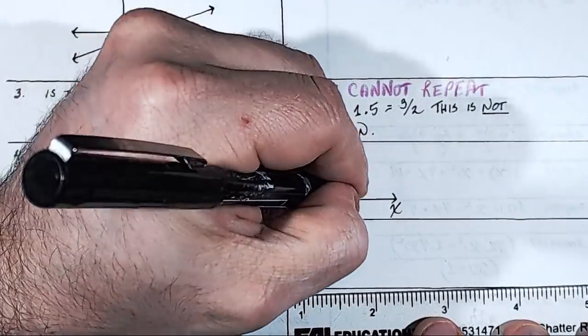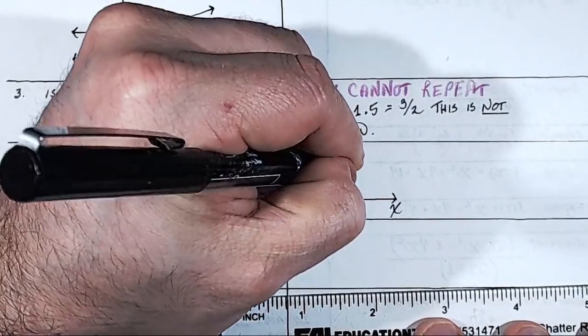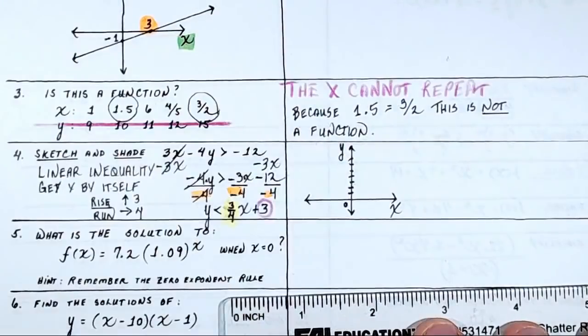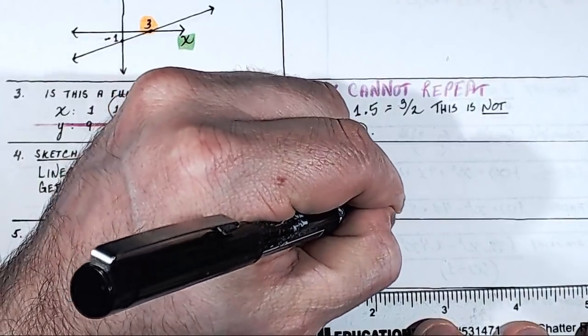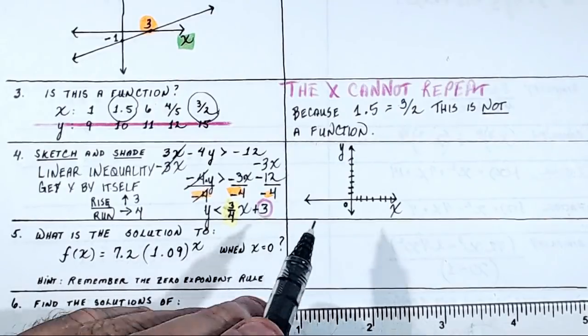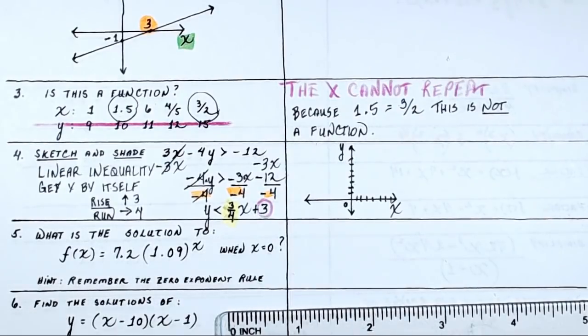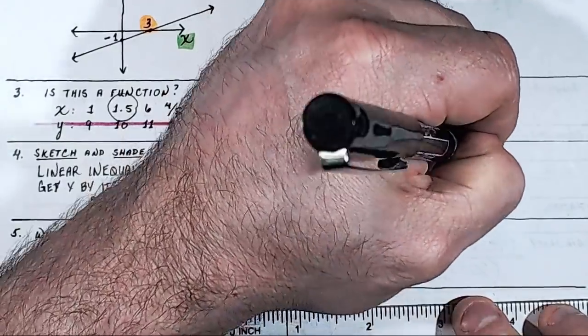And now we need to make some little marks. 1, 2, 3, 4, 5, 6, 7. Just like that to give us an idea of what we're doing. We're going to start at 3. Now, an important thing to note, this is a less than symbol.